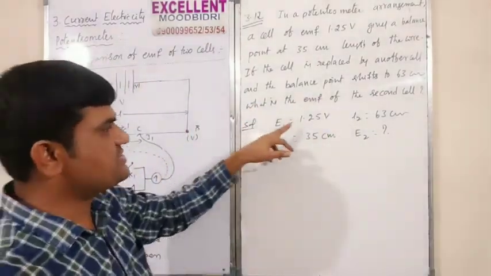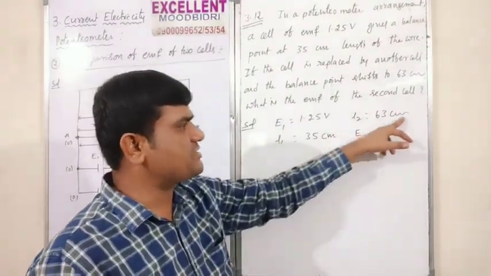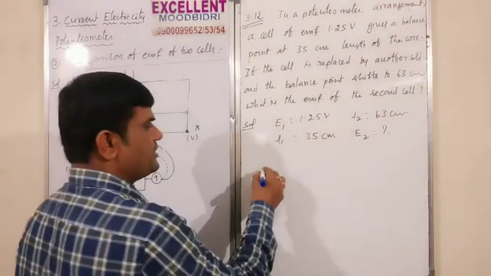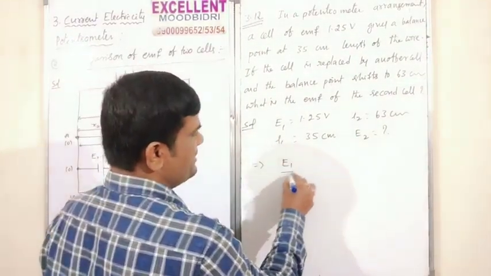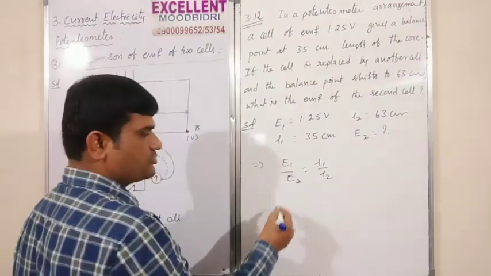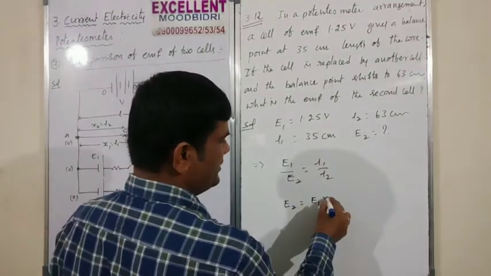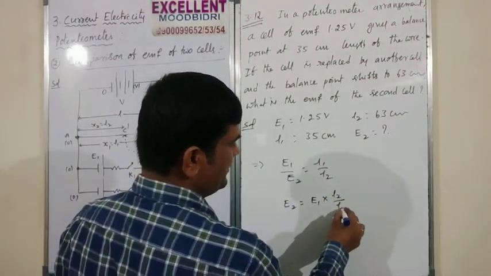So E1 is 1.25 volt, L1 is 35 centimeters, L2 is 63 centimeters, and E2 is what? The formula you know: E1 by E2 is equal to L1 by L2. I want E2, therefore E2 is equal to E1 into L2 by L1.